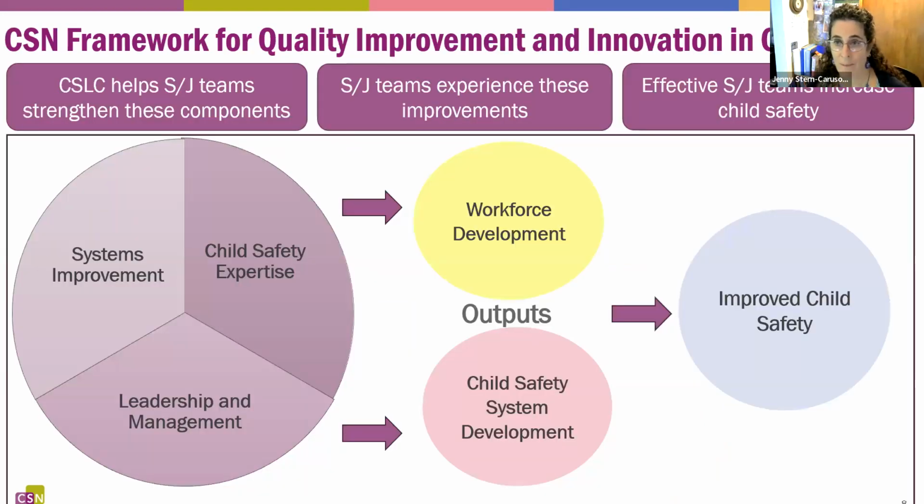So a little background about how the CSLC is designed and some details on our approach. Everything we do is grounded in our CSN framework for quality improvement and innovation in child safety. The framework focuses on building public will and state jurisdiction capacity in key areas that are essential to achieving sustainable and scalable child safety results.